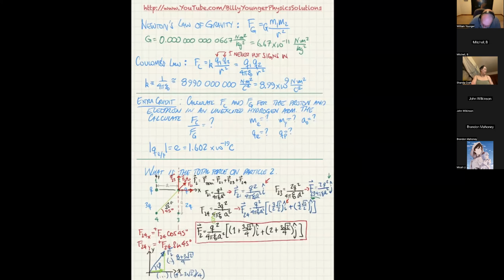So this answer, for instance, we can work it out a little bit. 3 root 2 over 4 is approximately 1.0607. So I'll write it over here.